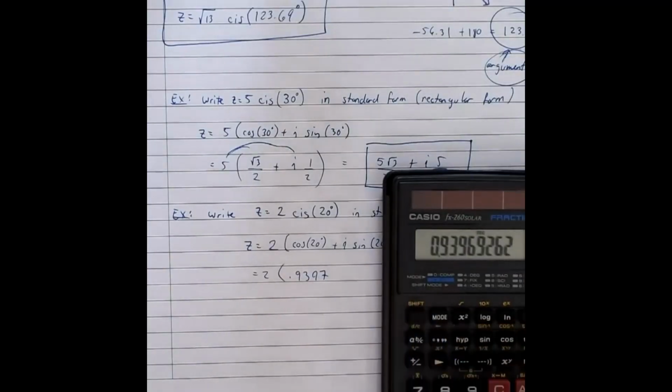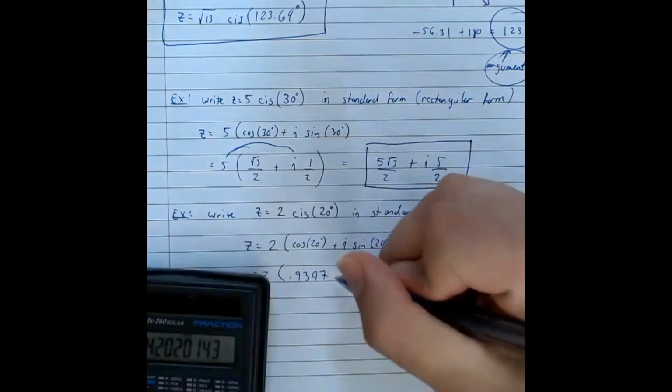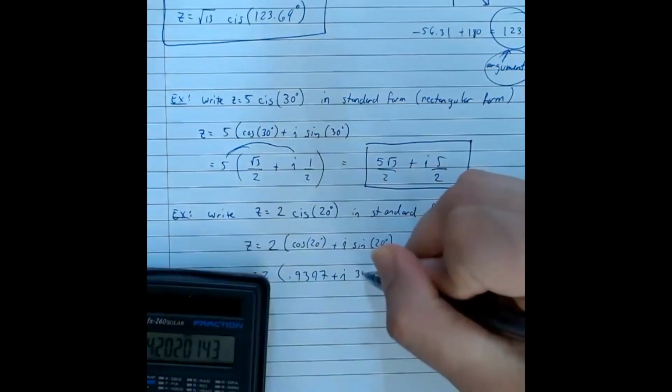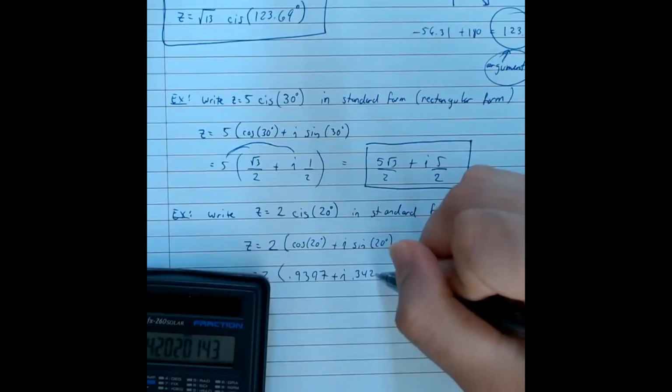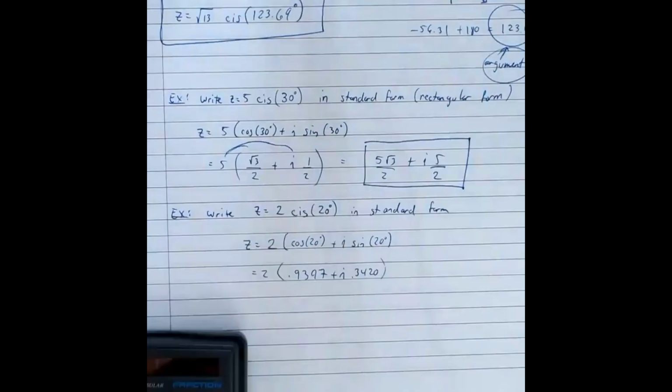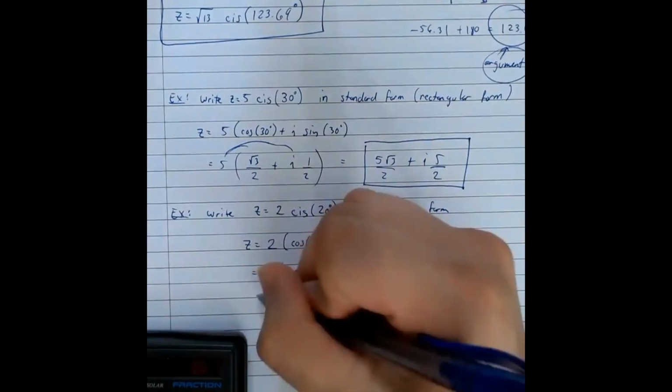Same thing right here, sine of 20 degrees. Well, that's about 0.3420. And now you're just going to take that number 2 and distribute it throughout.